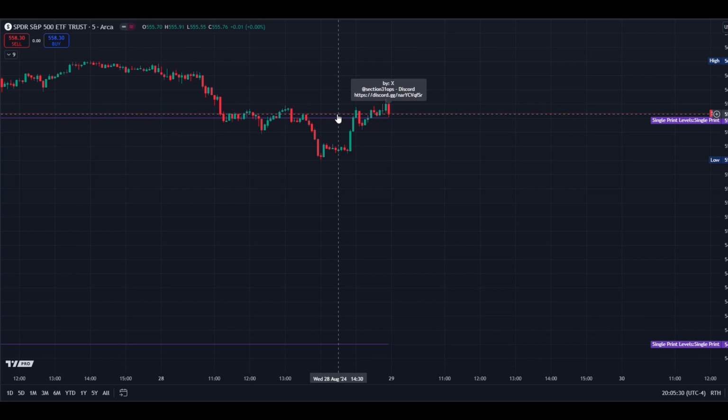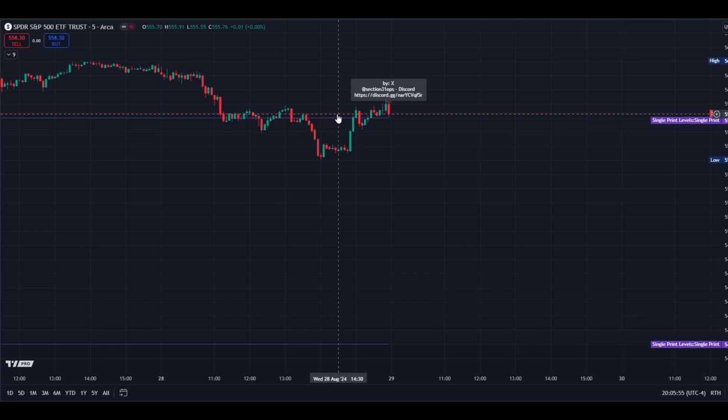What it does is leave no room for price discovery around that point. Because of that, single prints, as they say, get filled. They usually get re-explored at some future time, and they end up becoming potential support or resistance, because these levels were so quickly rejected that they become kind of a no man's zone.